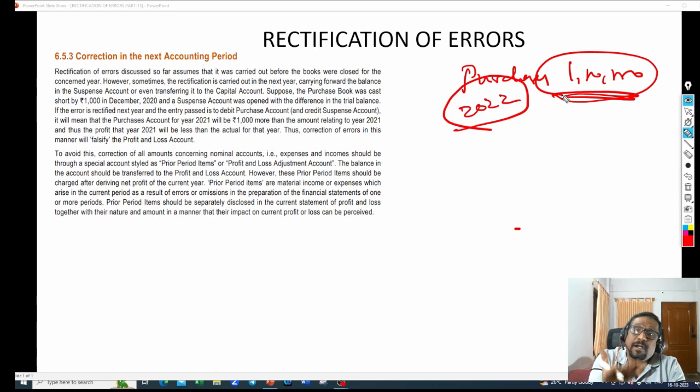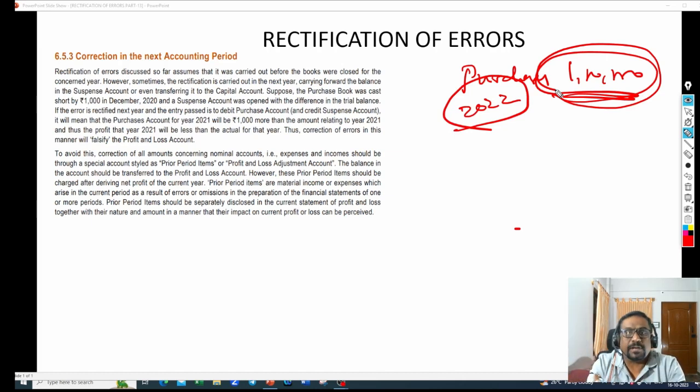Since 1 lakh of purchases has not been debited in your P&L account, your expenditure is reduced. If the expenditure is less, automatically income will go up.